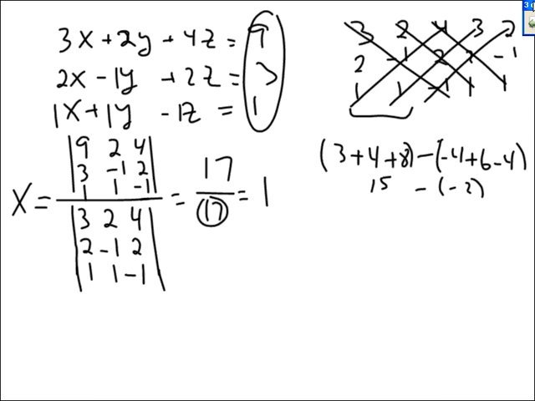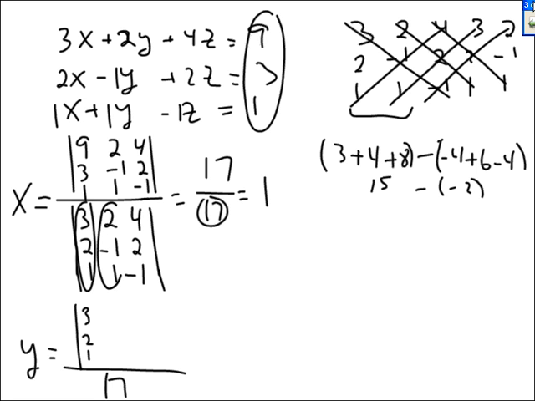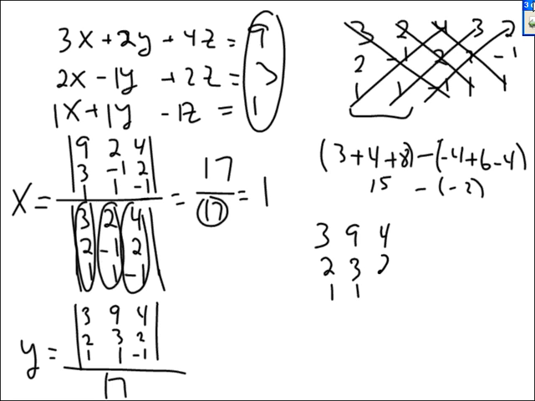Okay. Now, if you want to solve for y, we know the bottom determinant is 17. The top one, we put the coefficient of x's. Instead of the coefficient of y's, we put the right-hand numbers, 9, 3, 1, and 4, 2, negative 1. On the side, we'll figure out what this is. 3, 9, 4, 2, 1, 3, 1, 2, negative 1, 3, 2, 1, 9, 3, 1.